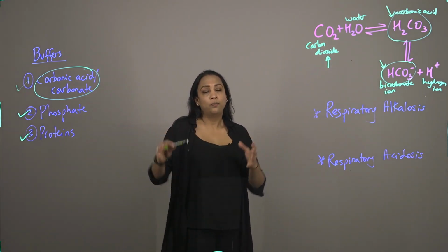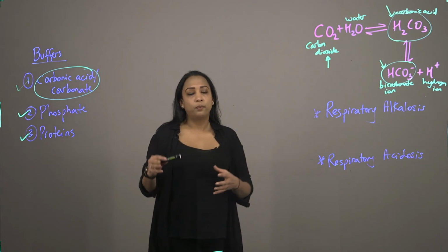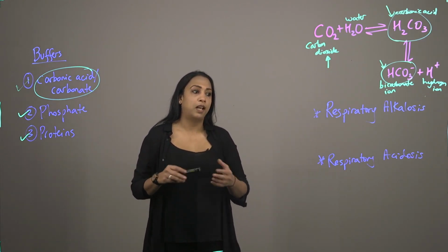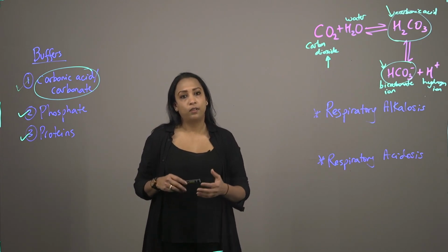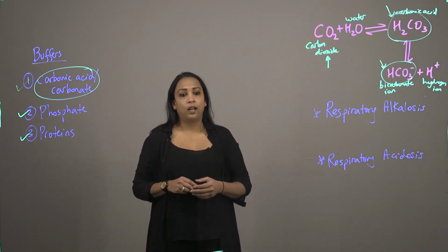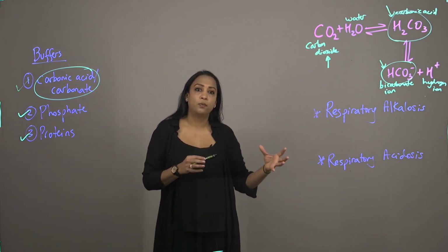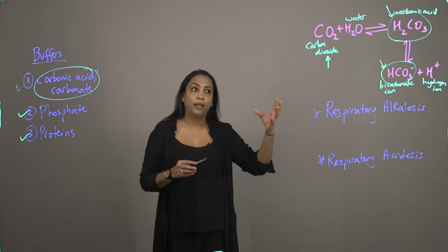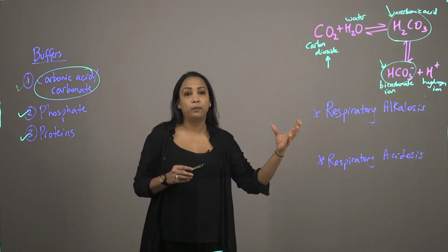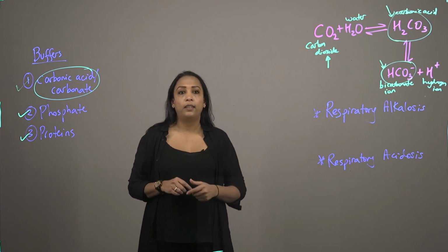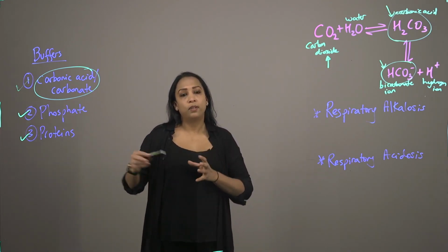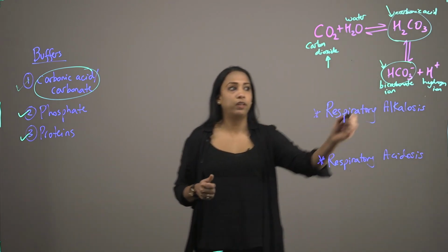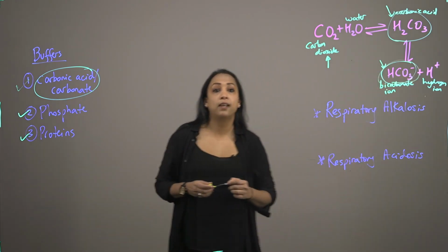So we spoke a little bit about respiratory alkalosis and acidosis, and we also mentioned metabolic acidosis and alkalosis. Now, other than the respiratory system playing a role in this equilibrium that we've set up, the kidneys also play a role in as much as they regulate the excretion of our bicarbonate ion.